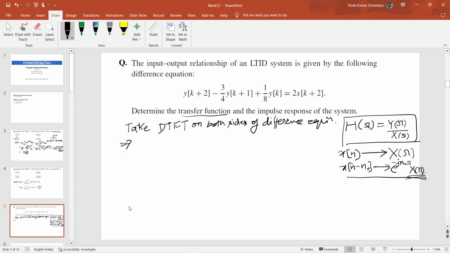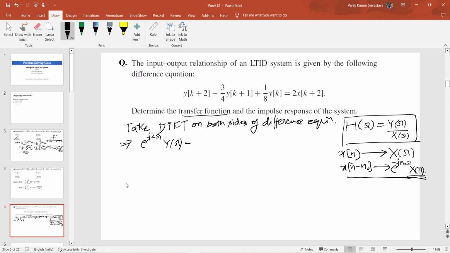So the first term we can write as e raised to the power j 2 omega into Y of omega, supposing the Fourier transform of the output function is Y of omega.